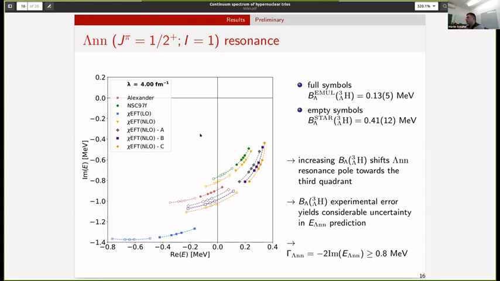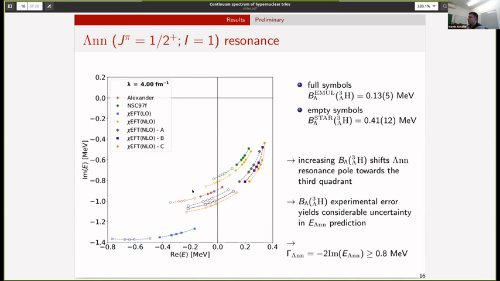Here we see that increasing the Λ separation energy of the hypertriton shifts the ΛNN resonance pole towards the third quadrant of the complex plane, where the full symbol is calculated for the emulsion B_Λ of the hypertriton and the empty symbol for the star value.